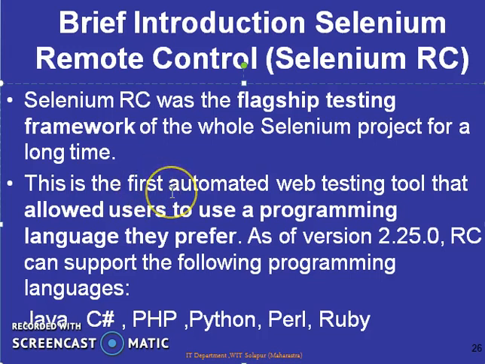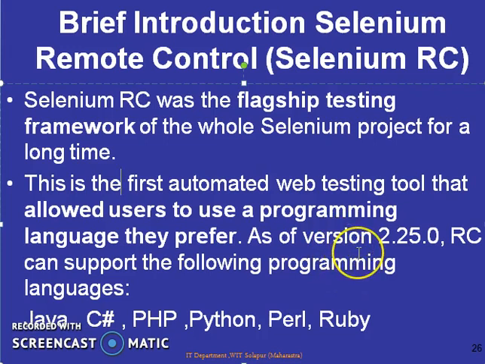So this is the first automated web testing tool that allowed users to use a programming language they prefer. During 2006, this was the first automated web testing tool that allowed users to use a programming language that they prefer.